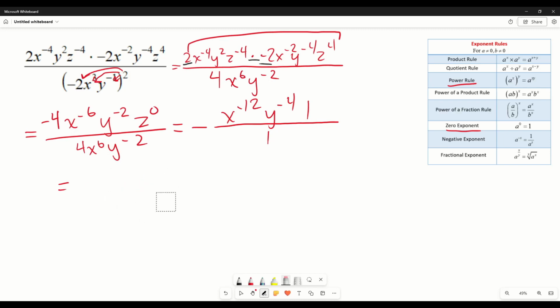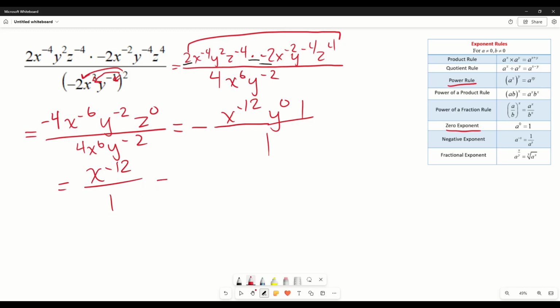So I'm just going to erase everything. This is going to be y to -2 minus a -2, which is going to be y to the 0 power times 1 over 1. Y to 0 is just 1, so we're left with x to the -12 power over 1. Since x is a negative exponent, we could bring it in the denominator.